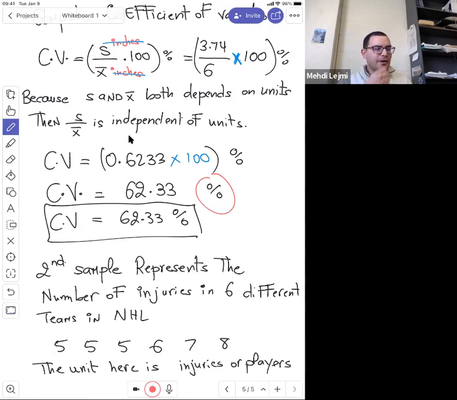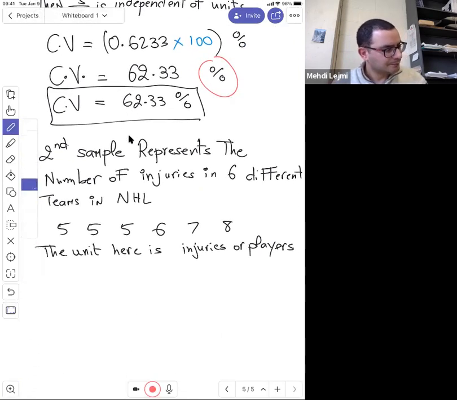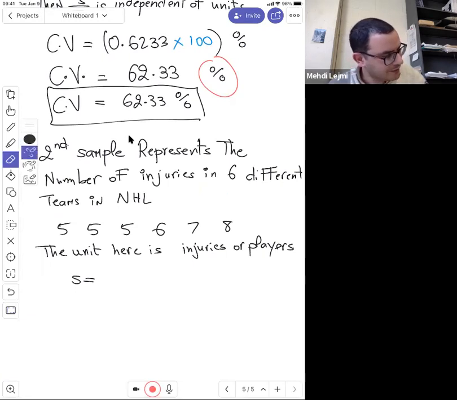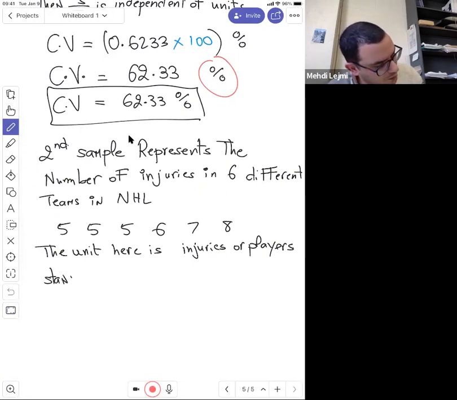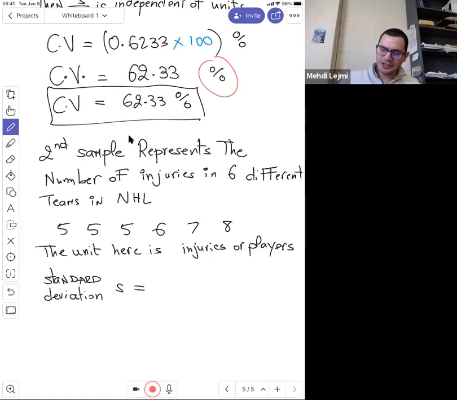But anyway, the idea is we are using a different unit than the first sample. Now, the standard deviation of this example, S, is going to be 1.26, right?